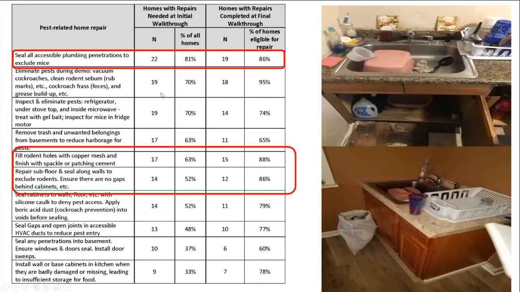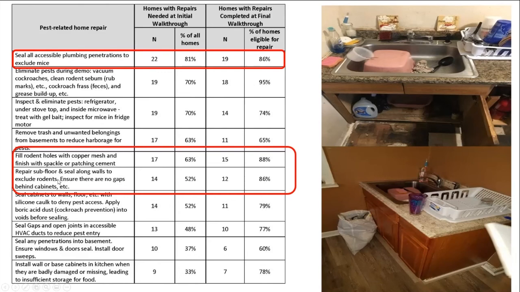We also worked with IPM folks and did some pest-related home repairs. We sealed all accessible plumbing penetrations to exclude mice, and we found that at the beginning, 81% of the homes had mice, and 86% actually got the repair. We also filled holes with copper mesh.